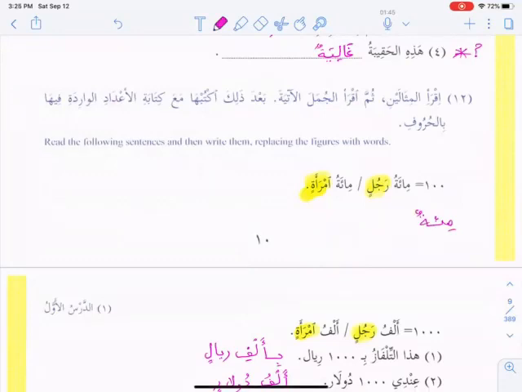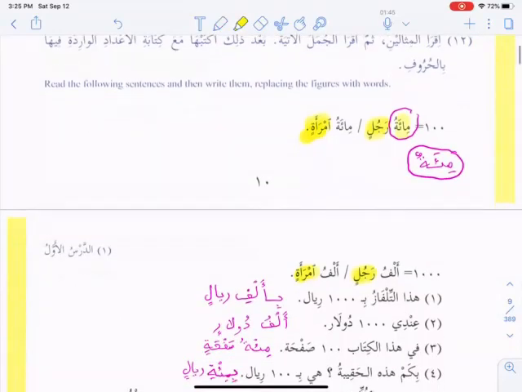This is not the spelling. It is the spelling as we pronounce it, miyatun. But the correct spelling is this: the alif has to be written. This spelling is as we pronounce it, miyatun. But we have to write the alif, which is not pronounced. So remember, the alif is not pronounced.